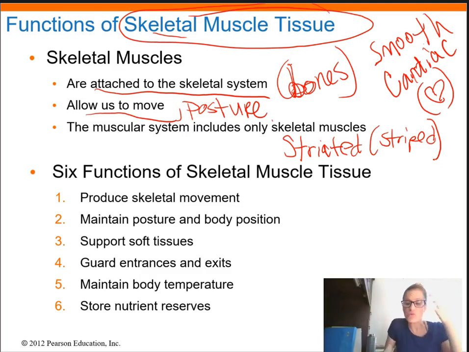And that just has to do with the way that the proteins are arranged. Skeletal muscle is packed full of proteins, and they're in a pattern. And there's really dense proteins and then lighter proteins, then dense, then lighter, all the way down the muscle fiber. So when you look at it under the microscope, the dense part doesn't allow any light through and it's dark.